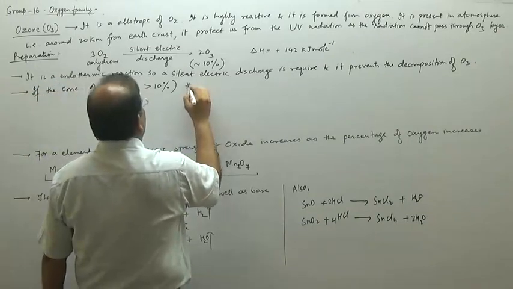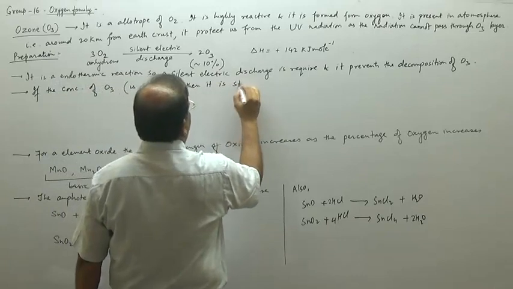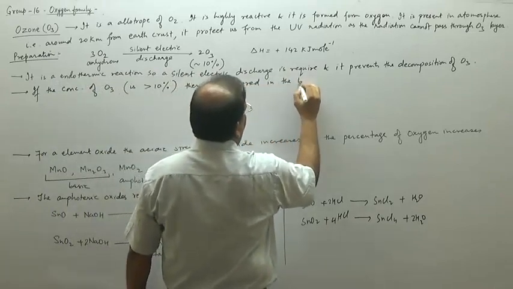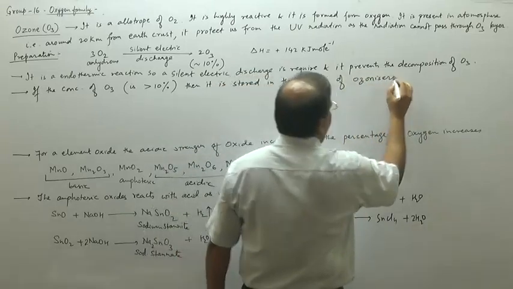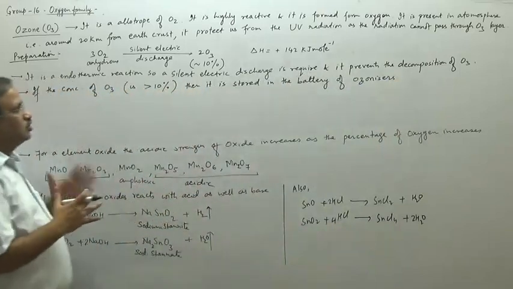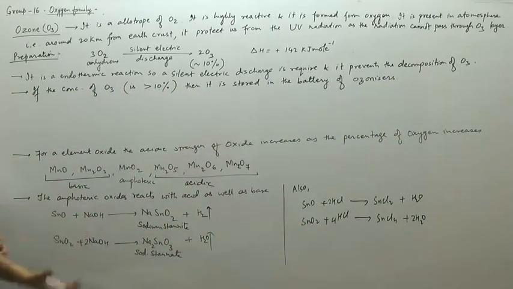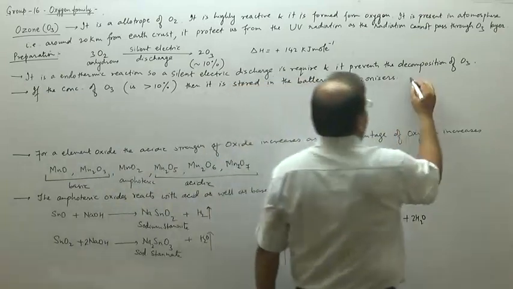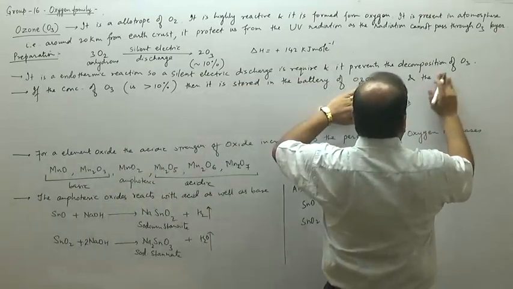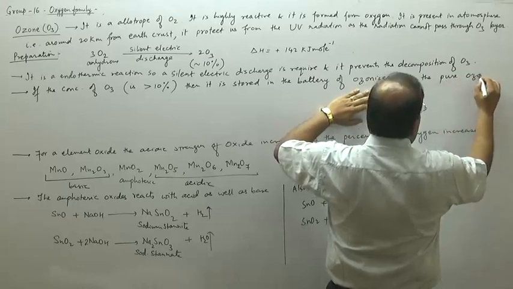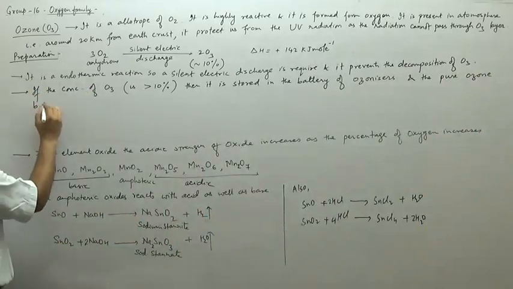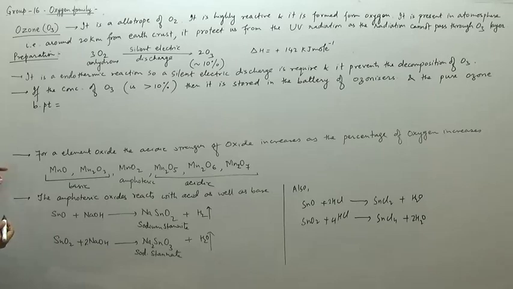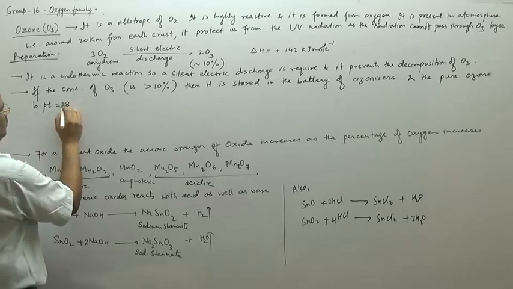It is stored in the battery of ozonizers, and the pure ozone is a gas, so it doesn't make sense to discuss a melting point; let us discuss only the boiling point.